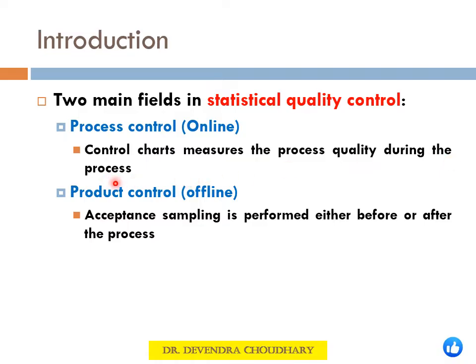Whereas product control field is also known as offline quality control. Here, the acceptance sampling approach is used to measure and monitor the quality of product either before or after the process.